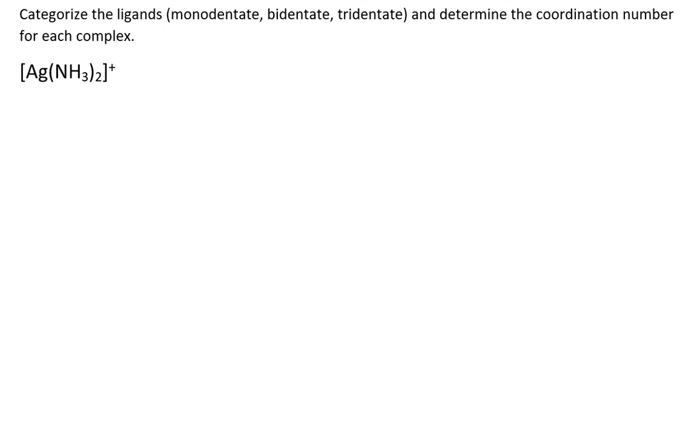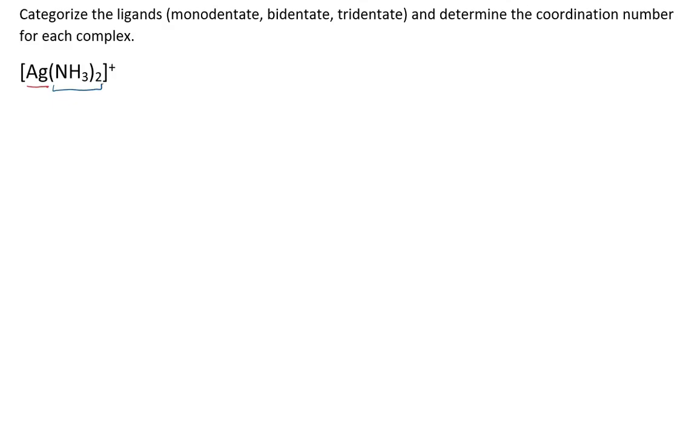So this is an example of what a coordination complex looks like. As mentioned, it is enclosed within brackets, and if it happens to be an ion, that charge is on the outside. So the first thing we're going to do is take a look at the ligands and determine if they are monodentate, bidentate, or tridentate. Our metal ion is the silver, so that is not a ligand. The only ligand that we have in this particular example is ammonia, which is called an amine ligand.